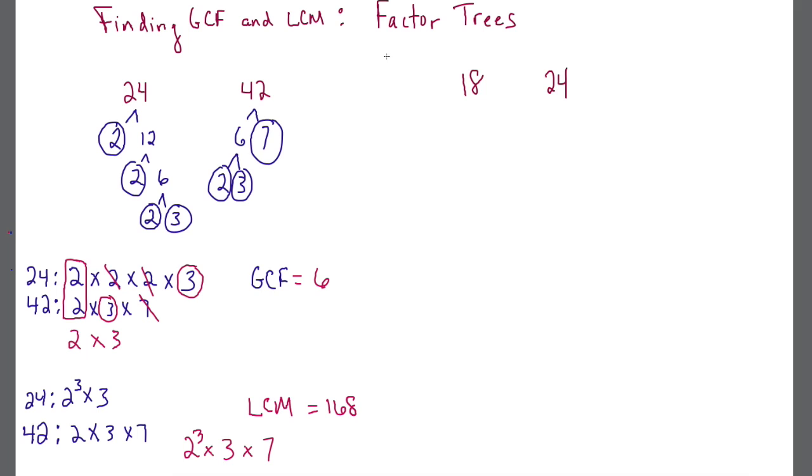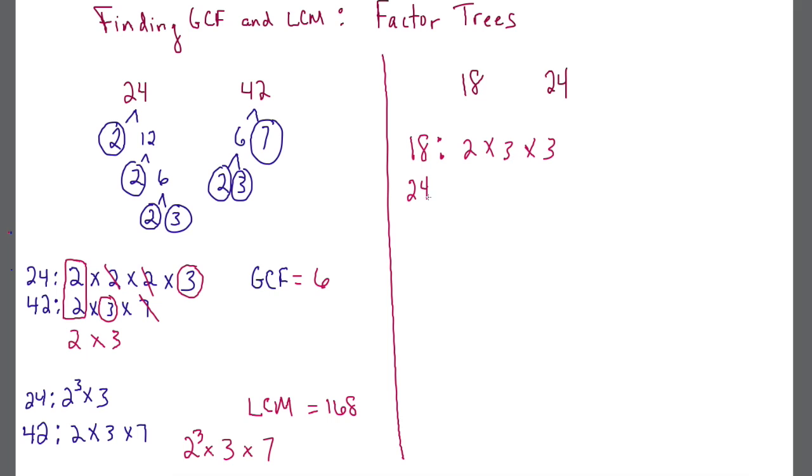All right, so let's do another one here. I have 18 and 24. So the prime factorization of 18 is going to break down to 2 times 3 times 3. Okay, 2 times 3 is 6, times 3 is 18.